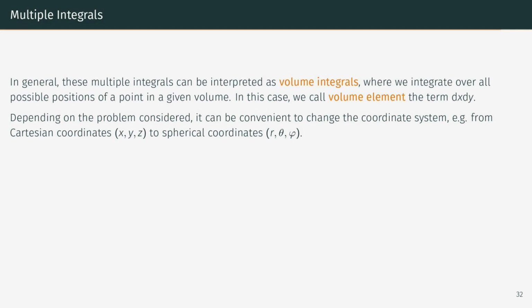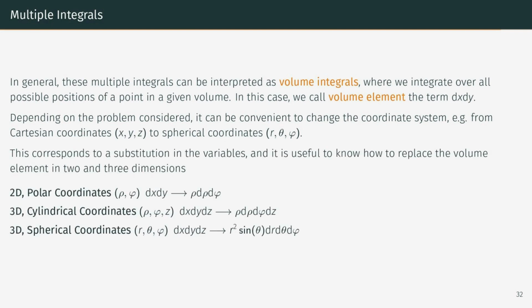So, for example, from Cartesian coordinates x, y, z to spherical coordinates r, theta, phi. This corresponds to a substitution in the variables, and it is useful to know how to replace the volume element in 2 and 3 dimensions.